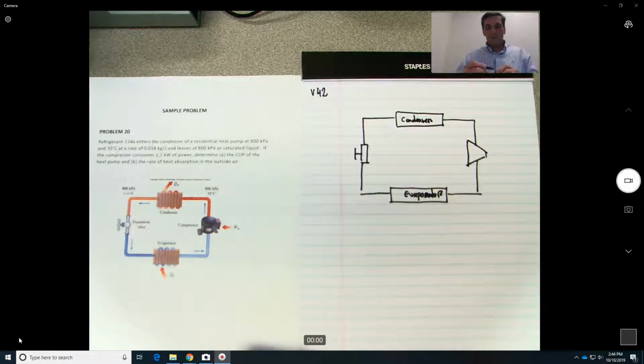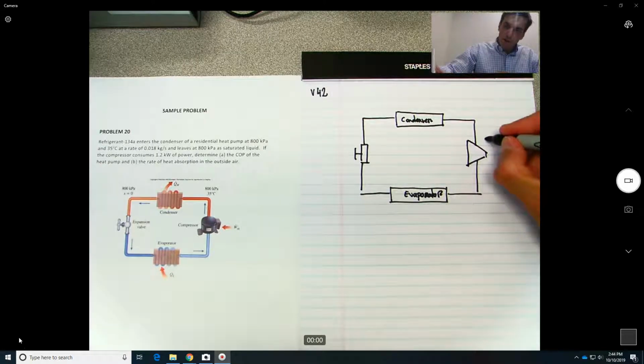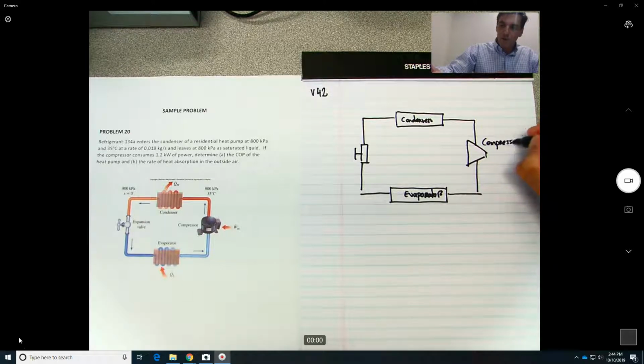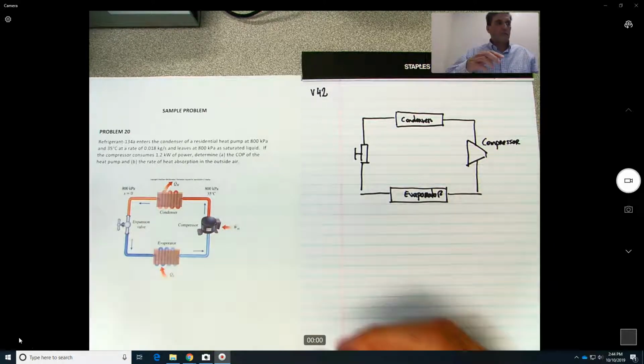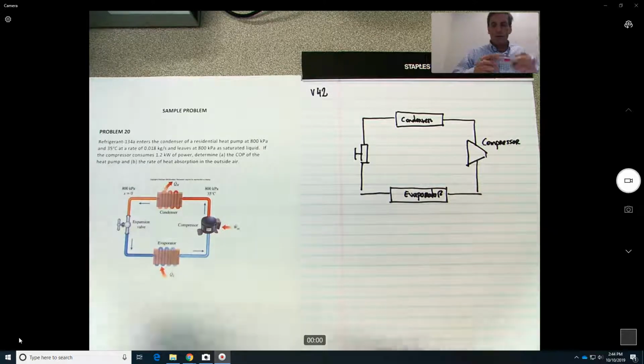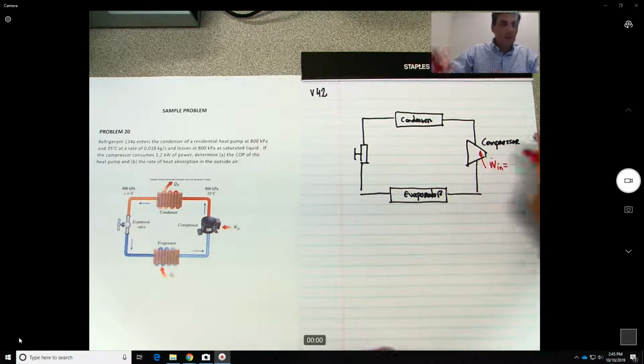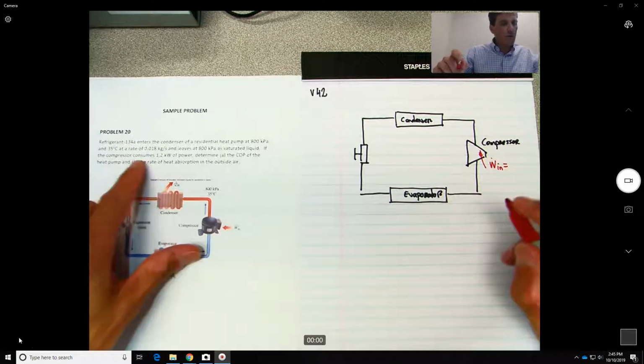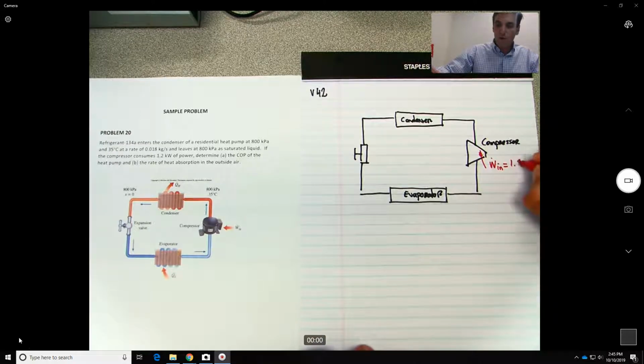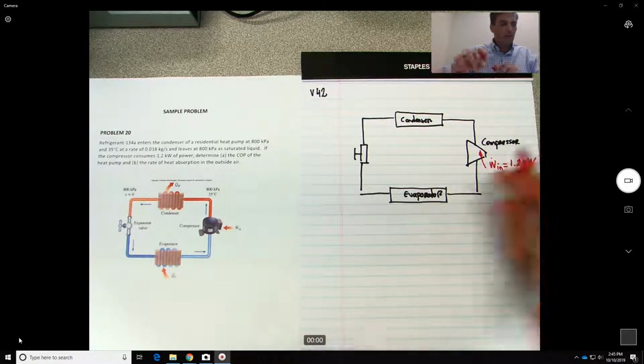Alright, so this is the valve. This will be the compressor over here. And a compressor always requires work or power in order to run. So we can say power in over here, and that in the problem has the value of 1.2 kilowatts.